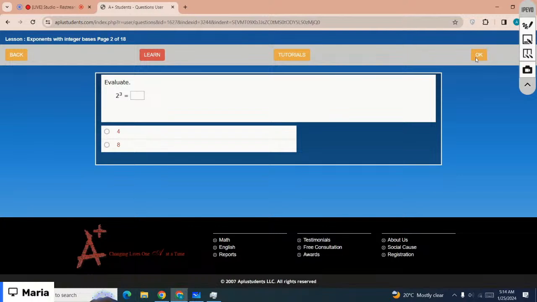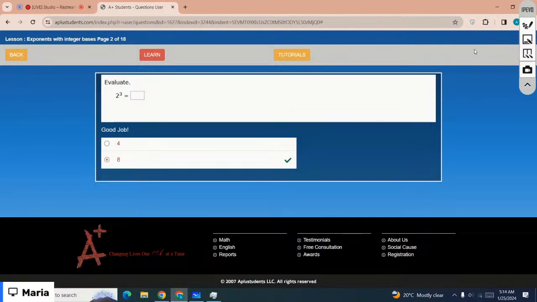So which is the correct option? That is 2 times 2 times 2, right? 2 times 2 is 4 and 4 times 2 is 8. The correct option is 8.